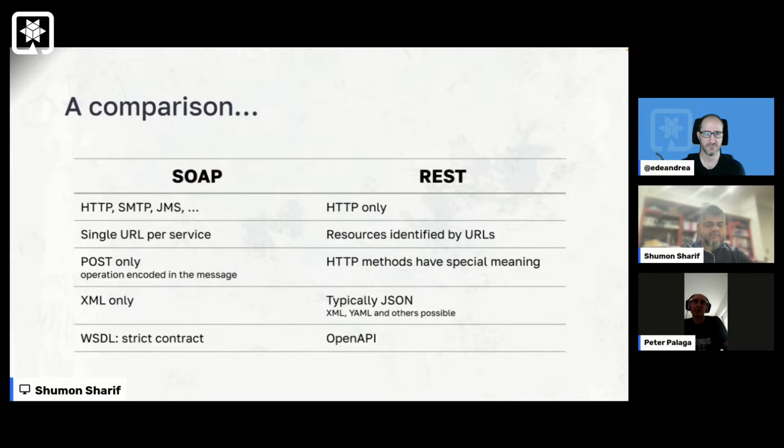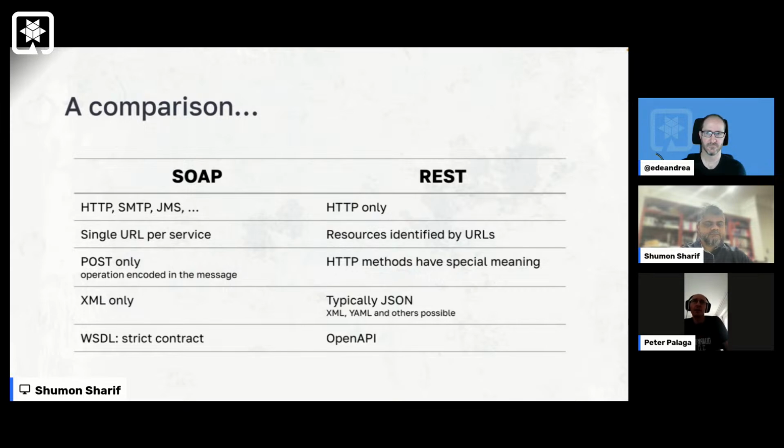And given that everything is POST, it's hard to cache, for example, which is much different from REST. On the serialization side, SOAP is XML only and nothing else is possible there. But on the REST side, you typically use JSON, but XML, YAML, or even protobuf is possible there.